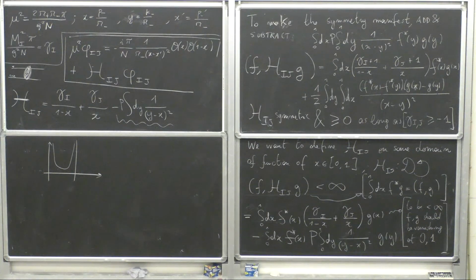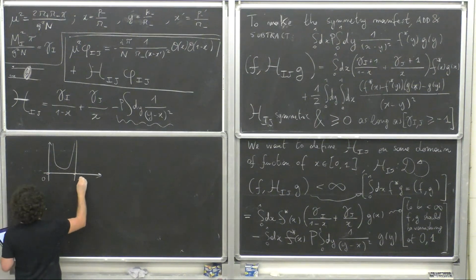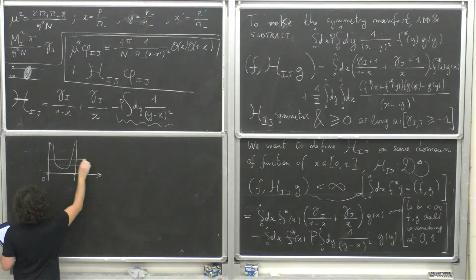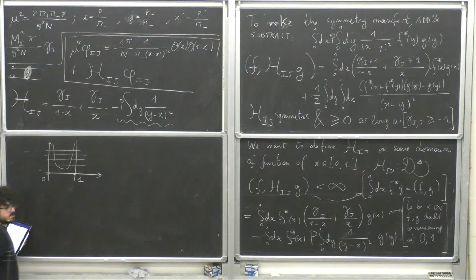So one thing that we can argue, or let's say expect from this, is at least that we should have some discreteness at the bottom of our potential, some part of the spectrum which is discrete.